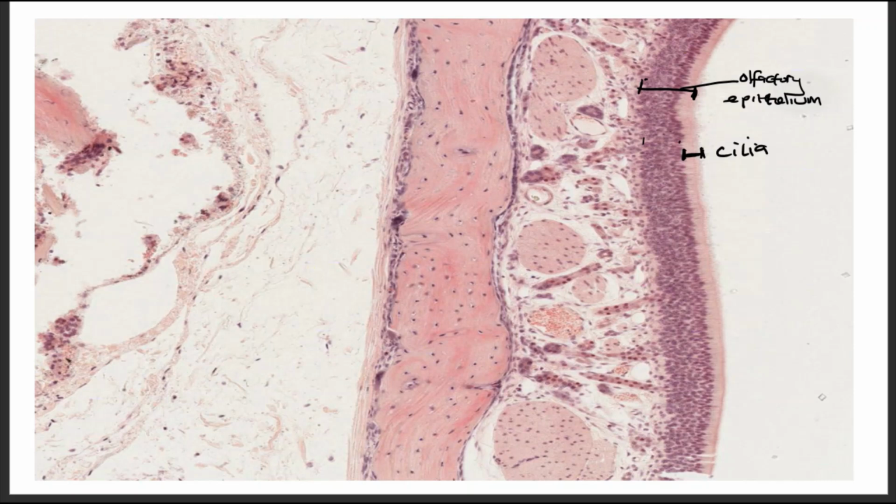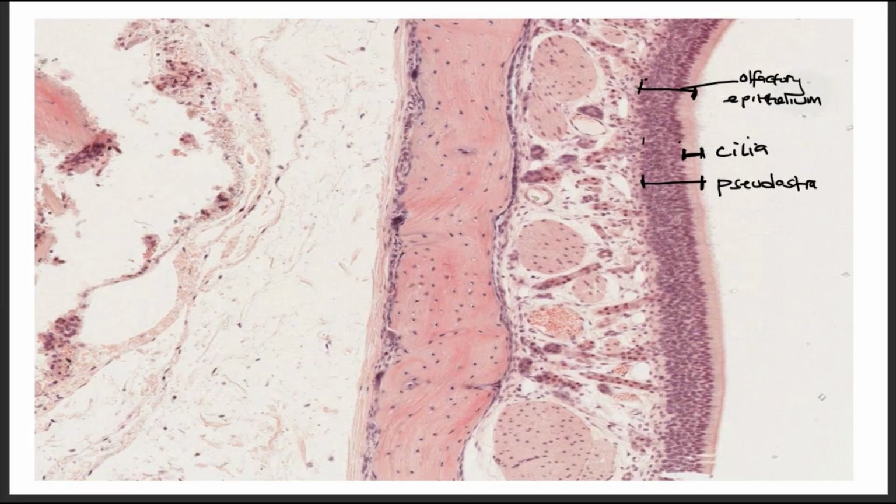So this is what we call pseudostratified columnar epithelia with cilia. The type of epithelium that we find in the upper portion of the nasal cavity is pseudostratified columnar epithelium with cilia.